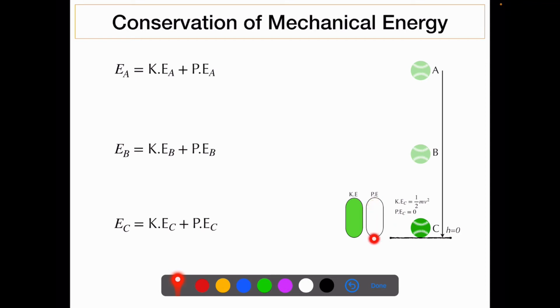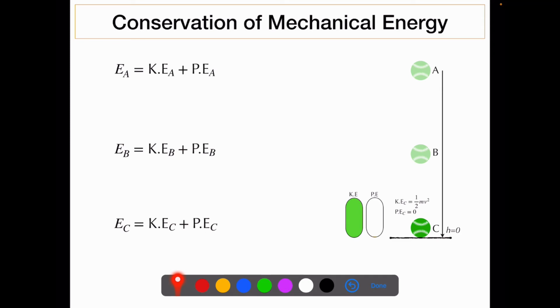There is no potential energy and maximum kinetic energy, because just before the ball strikes the ground it has attained its maximum velocity, and the total mechanical energy at this point will be equal to the kinetic energy at point C plus potential energy at point C.